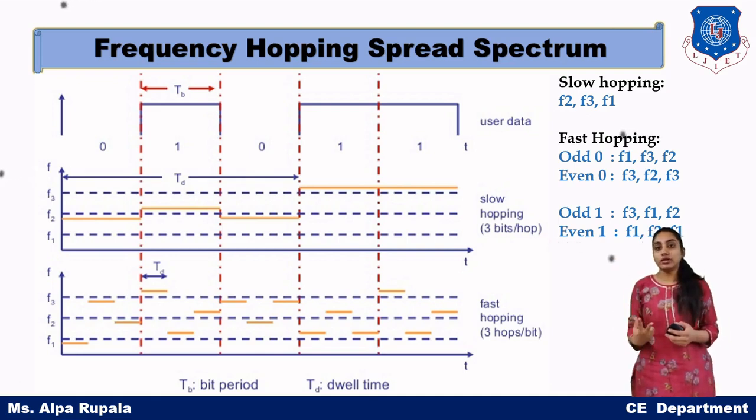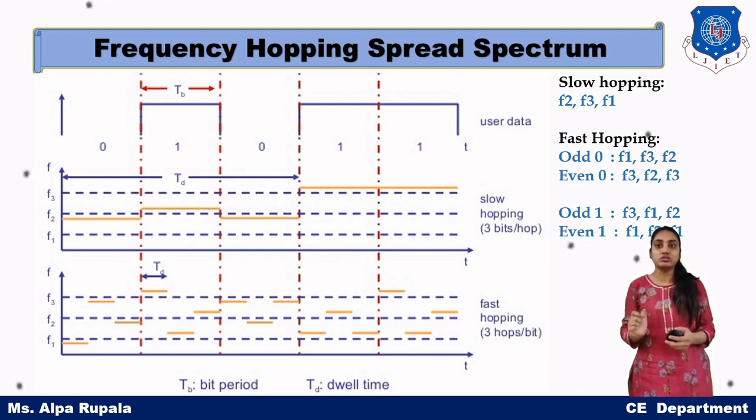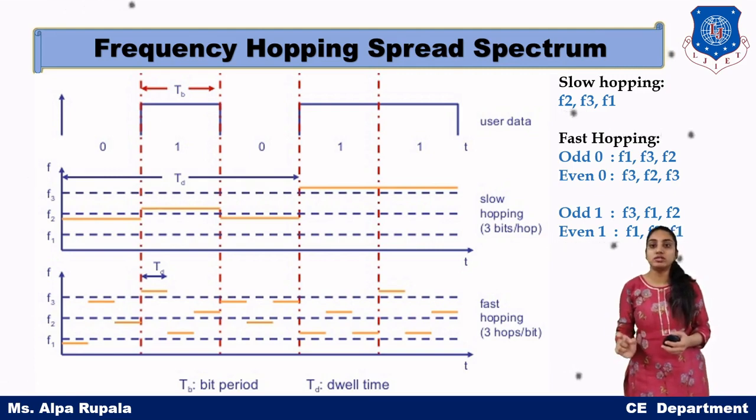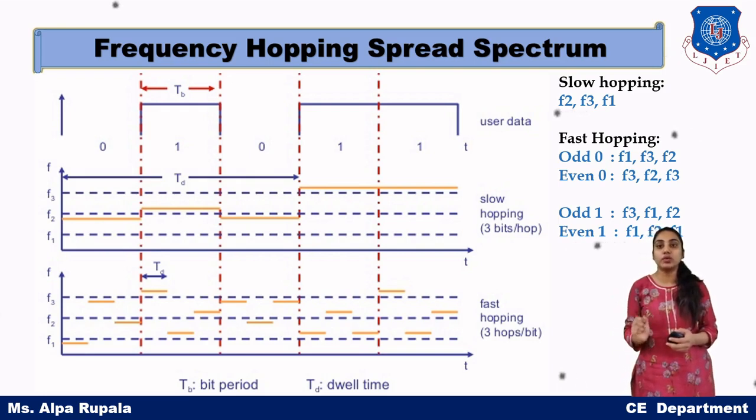We have two terms: bit period and dwell time. The time your channel occupies for a single bit transmission is known as the bit period, and the amount of time your channel stays on the same frequency is referred to as the dwell time.